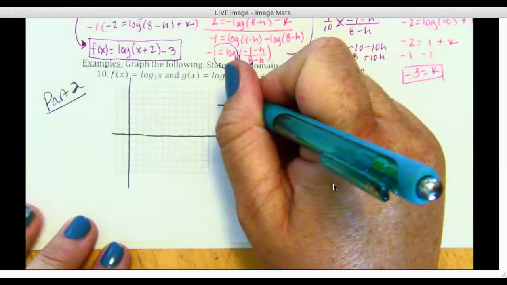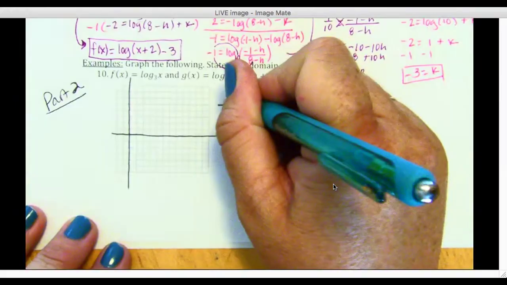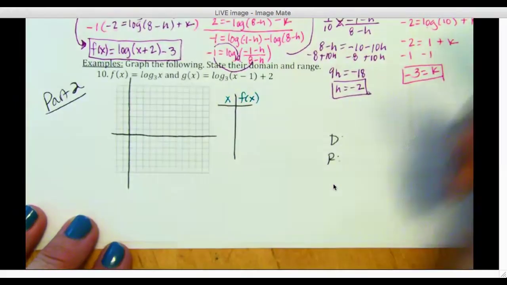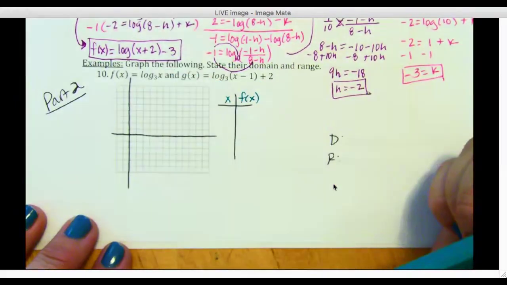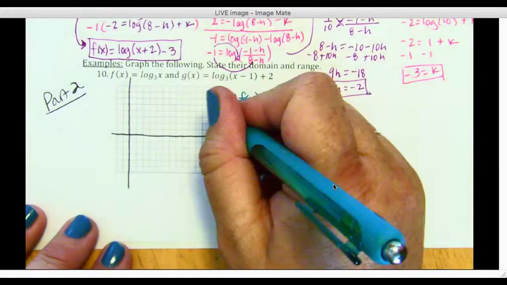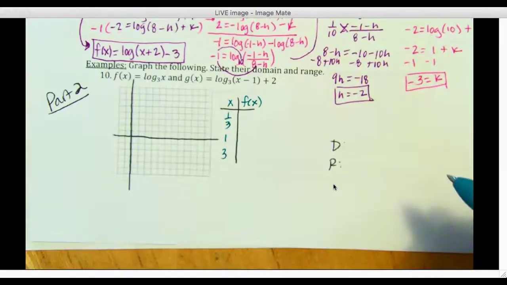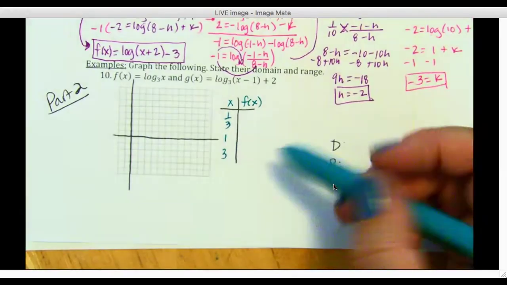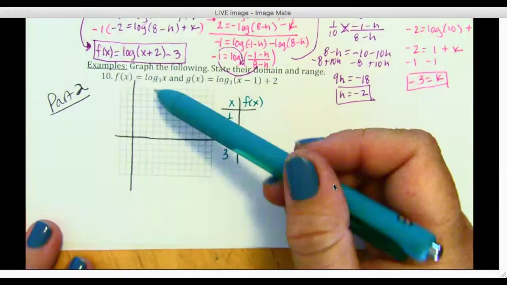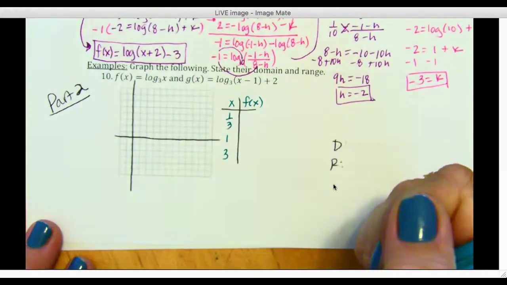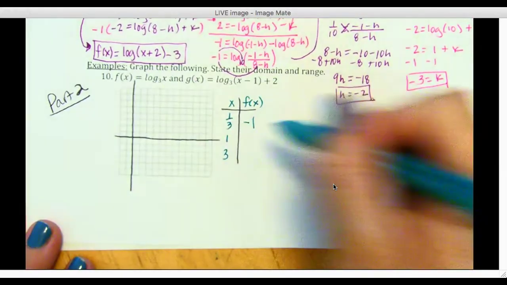So this is going to be x and f of x, and f of x is log base 3 of x. And we plugged in the points 1/3, 1, and 3. I'm only using 3 points for all of my graphs. So when I plug in 1/3, log base 3 of 1/3 gives me -1.